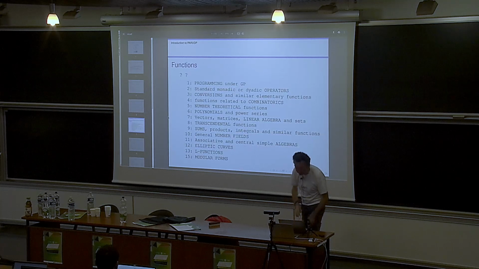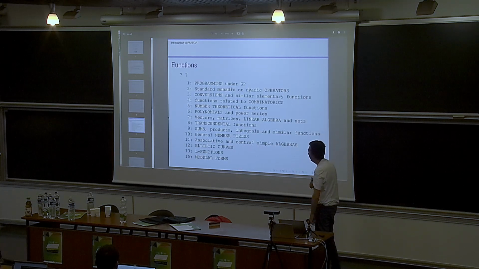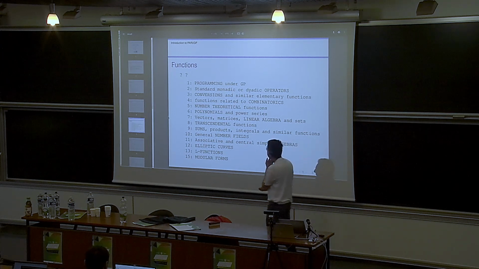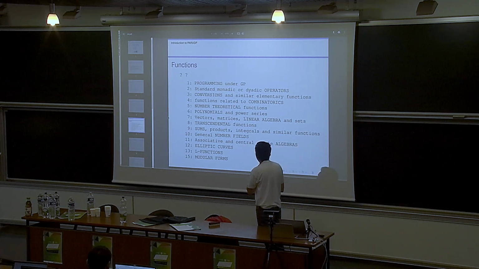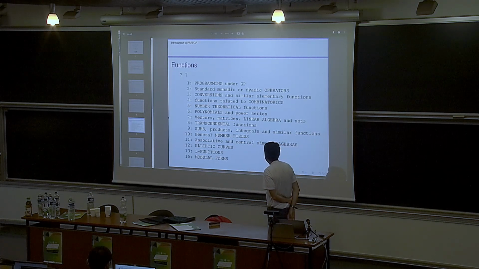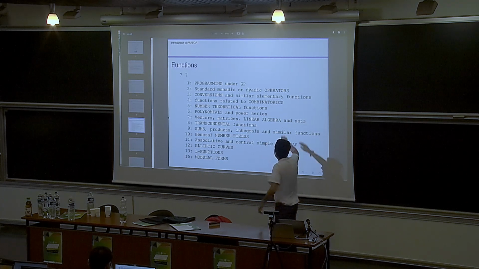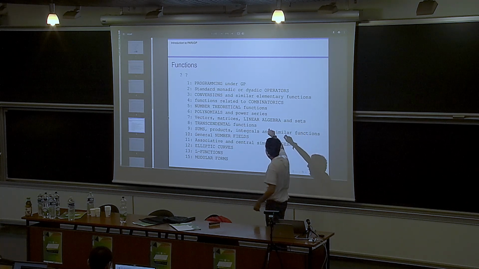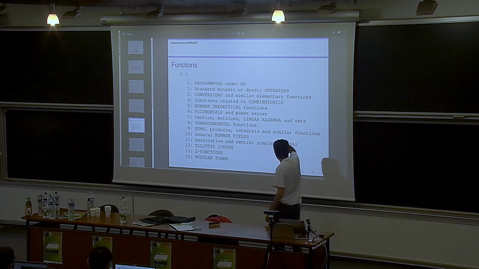So now the documentation. Okay? So if you do a single question mark, you get the menu. So this gives you an idea about what you can do with PARI-GP. So we have a few combinatoric functions, not the main point. We have numerical functions, polynomials, power series, linear algebra, transcendental functions.